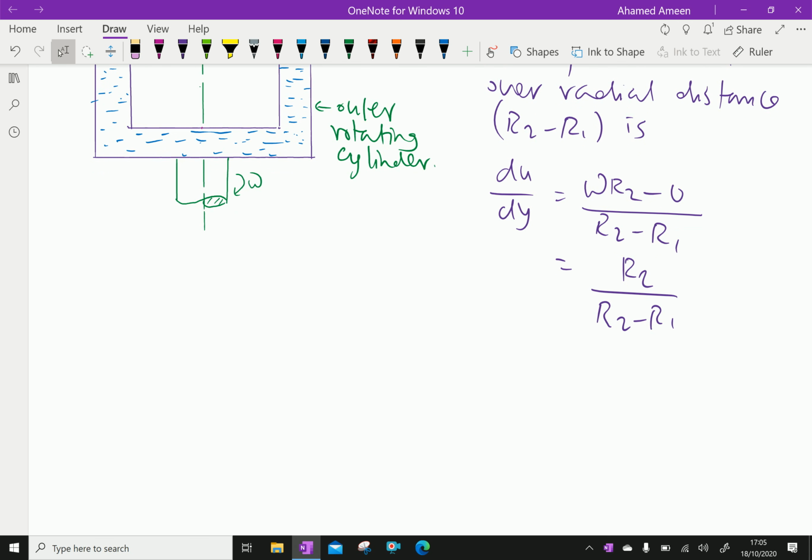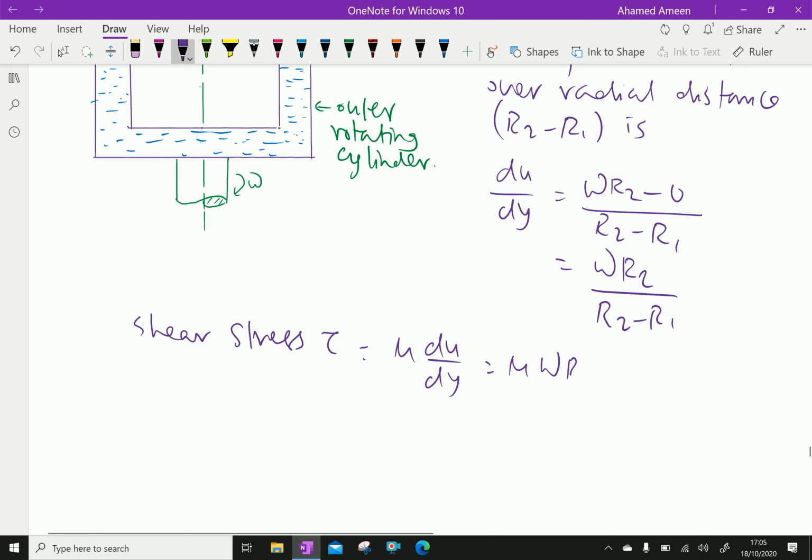Shear stress tau equals mu du by dy, which is equal to mu into omega R2 over R2 minus R1.